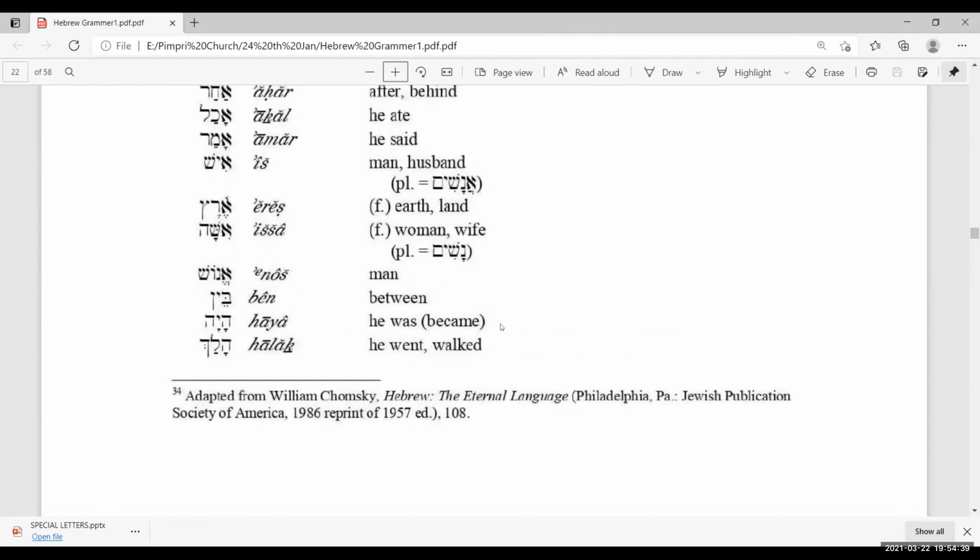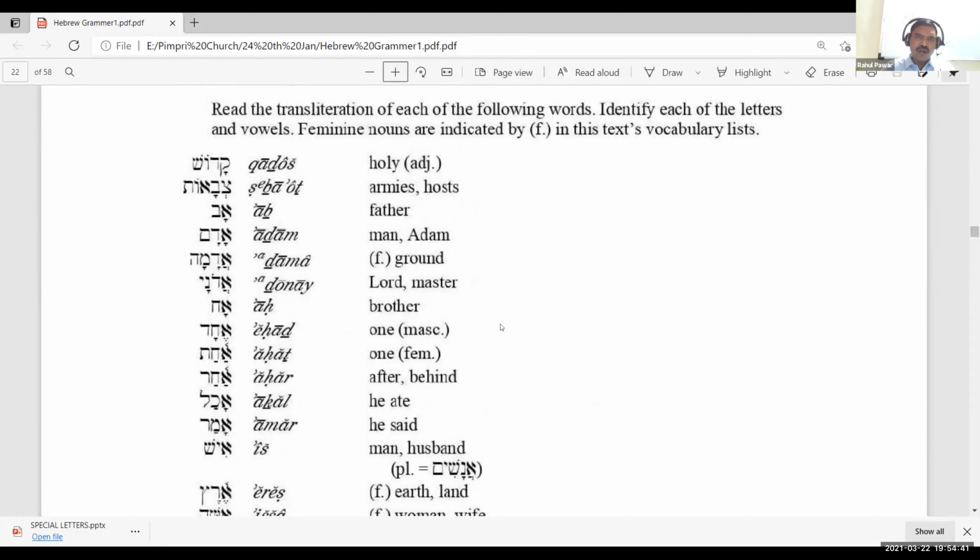So your homework is you have to write all these vowels we have learned. Your homework for next week is vowels. You start writing, practice it at least 10 times.